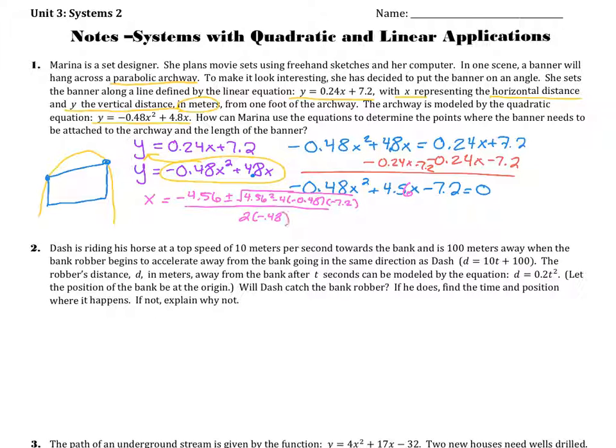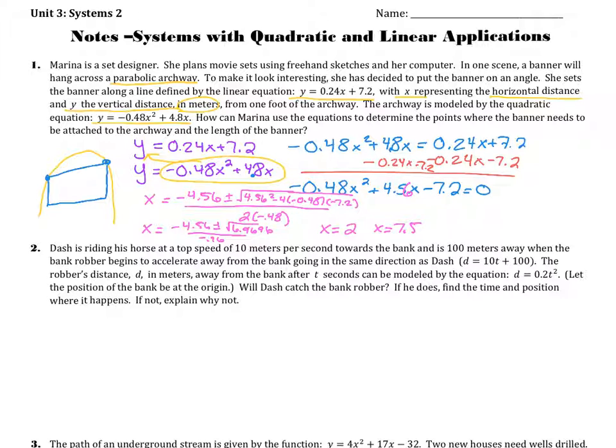And just like when we did quadratic applications, I'm going to go all the way down to the x. I'm not going to leave it in reduced radical form. So I'm going to get negative 4.56 plus or minus the square root of 6.9696, all over negative 0.96. When I put that in my calculator, I will get x equals 2 and x equals 7.5.